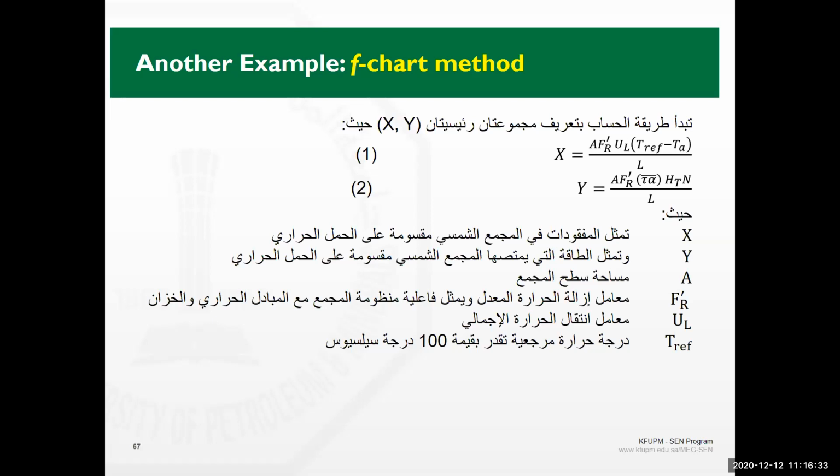A is the area of the collector. And then again, FR is the heat removal coefficient that represents the effectiveness of your system. UL is the overall heat transfer coefficient, and TREF is a reference temperature, which is basically estimated as 100 degrees Celsius.